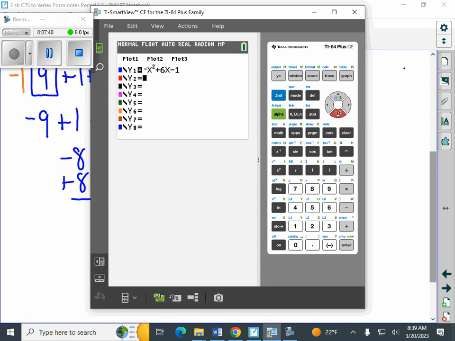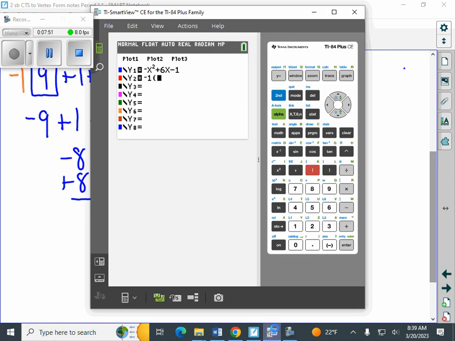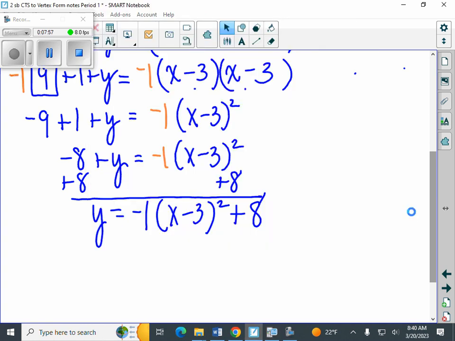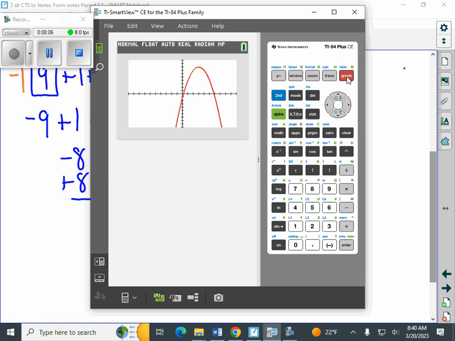And then let's type in our answer that we just came up with here, which is negative 1 times x minus 3 squared plus 8. And when we hit graph, we should have the same picture. And we did. The red landed right on top of the blue.